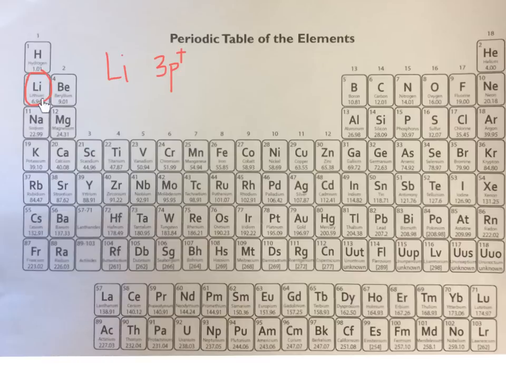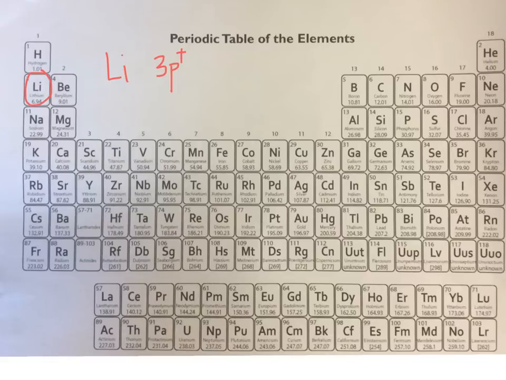Lithium can either gain, let's see, 1, 2, 3, 4, 5, 6, 7 electrons, okay? So lithium has a choice. It can gain 7 electrons and have the same number as neon, which is 10 right there. Or lithium can lose 1 electron to have the same number as helium, which is 2.